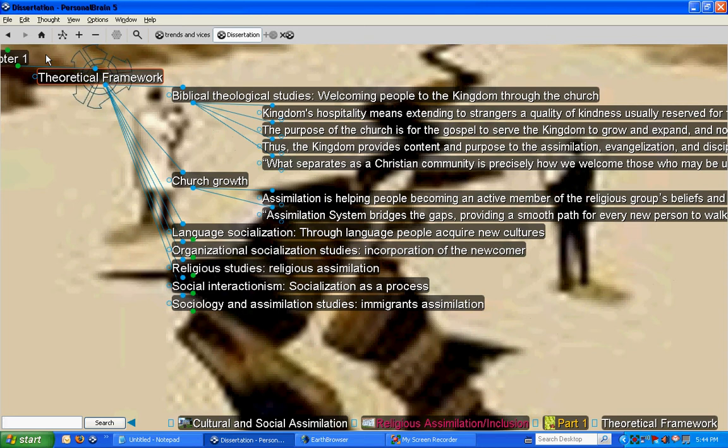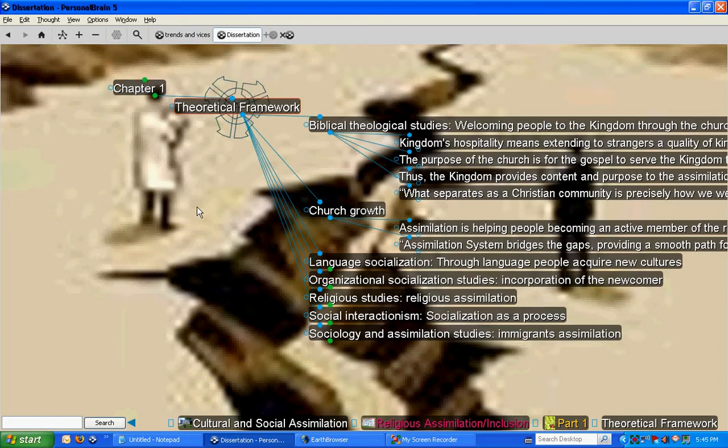The first one was kingdom theology and the different perspectives within kingdom theology, and the second one was church growth. And there were other ones like language socialization, organizational socialization studies, religious studies, social interactionism, and sociology and assimilation studies. That was for chapter 1.